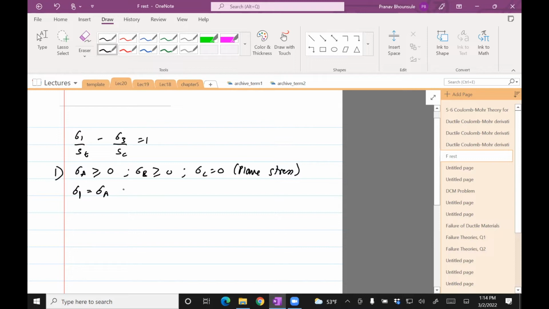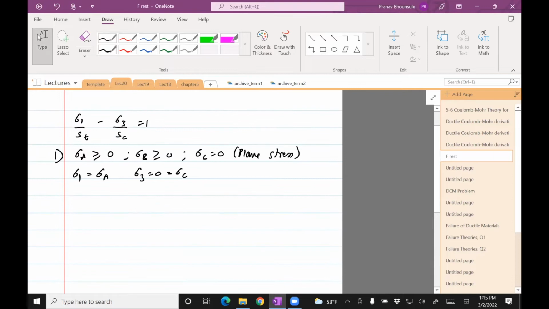Sigma 1 equals sigma A, and sigma 3 is 0, because the minimum stress in this case is sigma C. Once we identify the maximum and minimum stress, we need to put that in the equation.